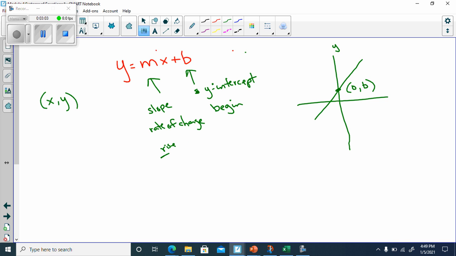It can be known as your rise over your run, your change in y over your change in x, okay? All of those deal with slope, and what slope tells us when we're plotting something is where we move to. We start at our b, and the slope tells us where to move.